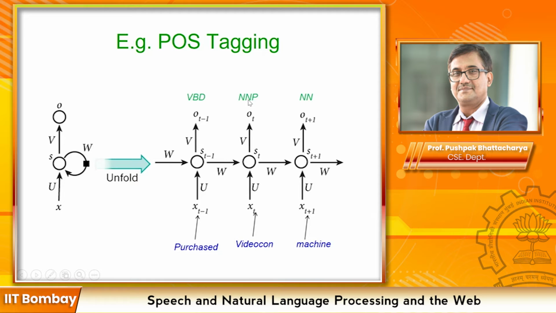In the next word, NNP will win. In the next word, NN will win. Everywhere the same weights will be applicable, W, V, and U. See how the neural network gets additional input in the form of previous state in the current state's computation. We'll illustrate this with an example.